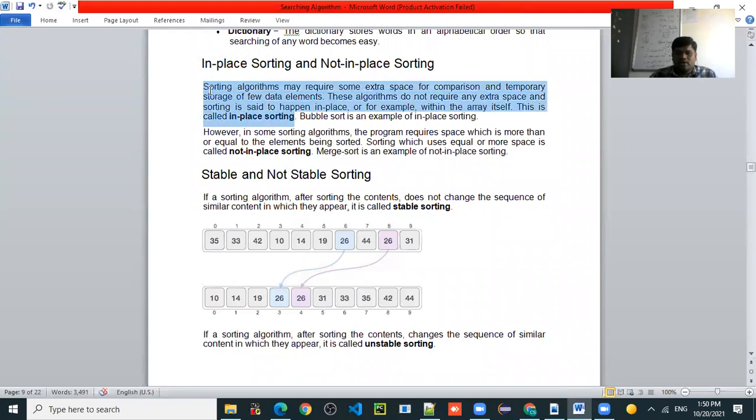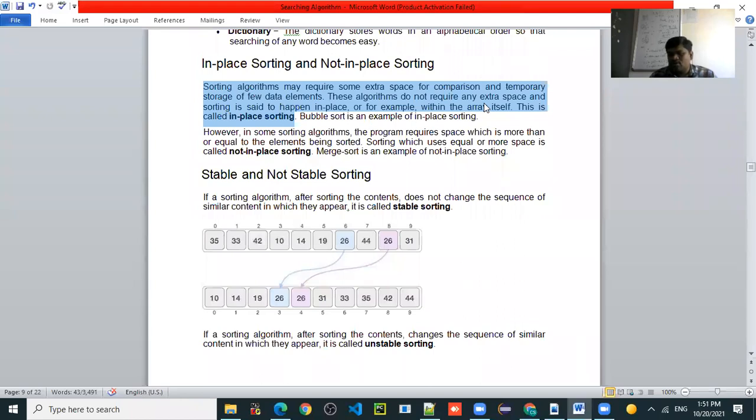A sorting algorithm may require some extra space for comparison and temporary storage of a few data elements. These algorithms do not require any extra space, and sorting is said to happen in place only, for example within the array itself. This type of algorithm is called in-place sorting.